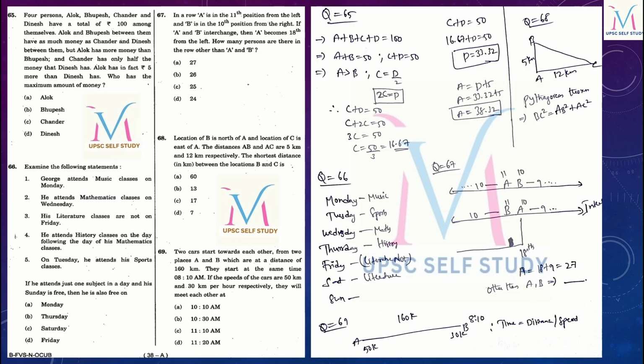And now in the question it is asked when they will meet each other. Since they started at 8:10, and they will be meeting after 2 hours, we have to add these 2 hours to 8:10, which means 8:10 plus 2 hours is equal to 10:10.